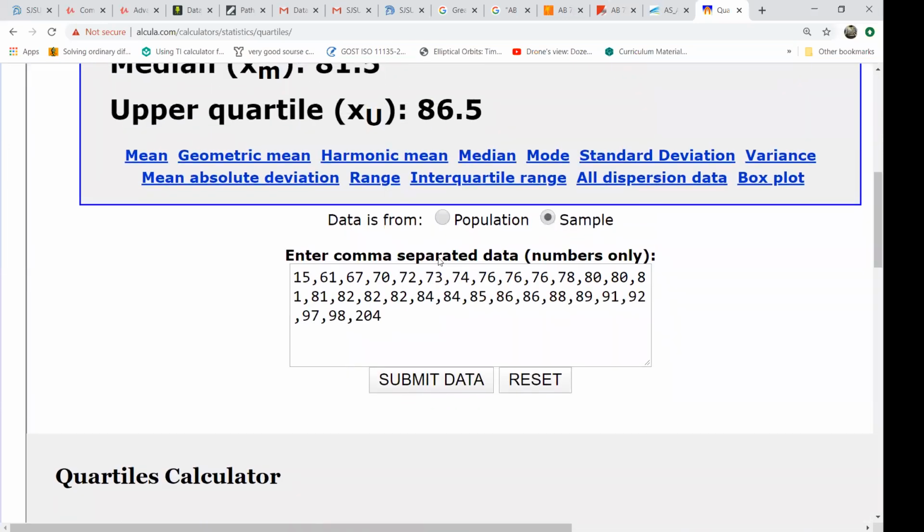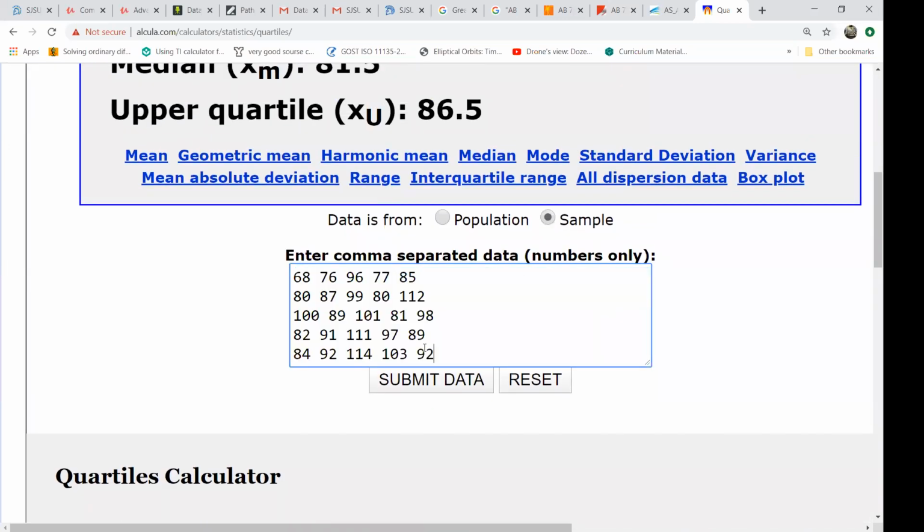Let's enter the data here. And let us separate these.